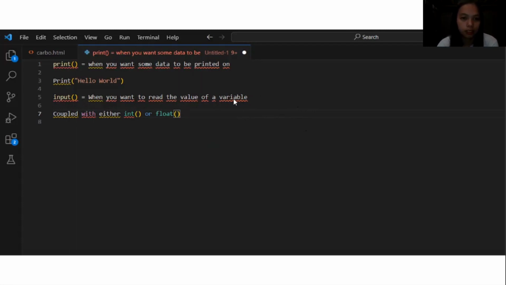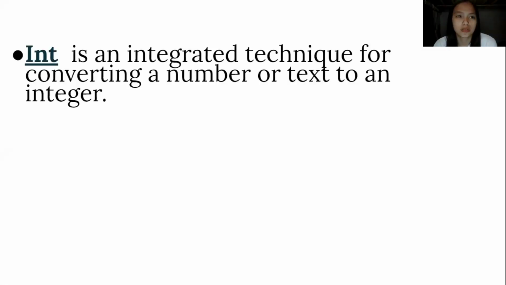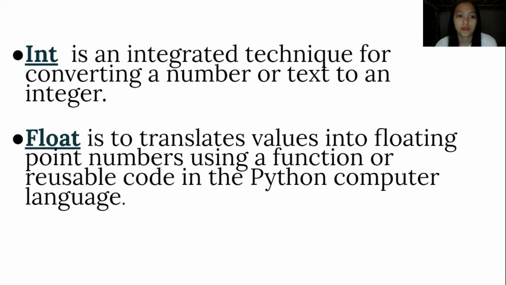So like this, when it's coupled with either int or float. So what is float or int? Int is an integrated technique for converting a number or text to an integer. Float is to translate a value into floating point numbers using a function or usable code in the Python computer language.